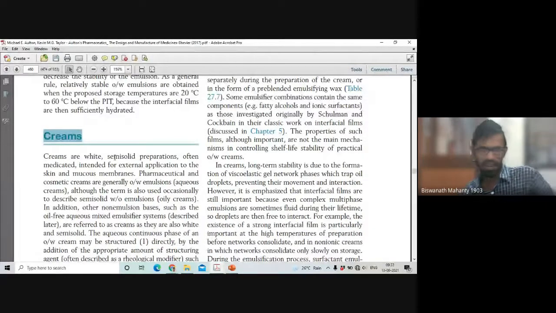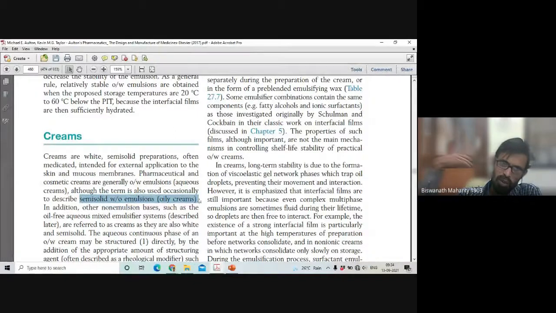Creams are not different. These are also emulsions, but sometimes a cream may not use both phases. A single-phase cream is also possible, meaning either an oily phase or a water phase, but most of the time it is a thick emulsion formulation. If I use oil, it can be a semi-solid water-in-oil emulsion, an oily cream.